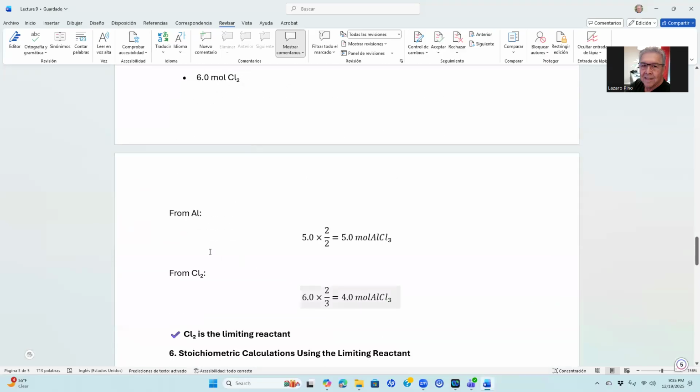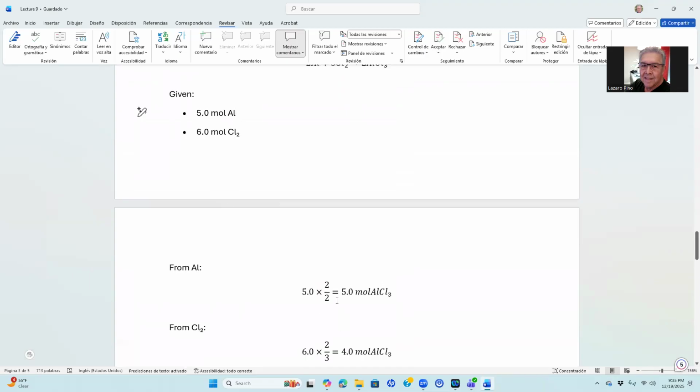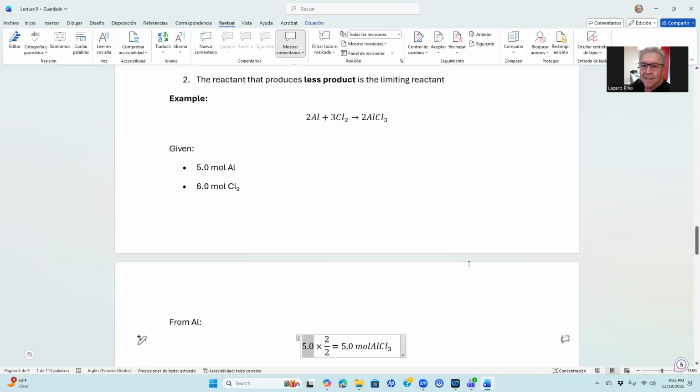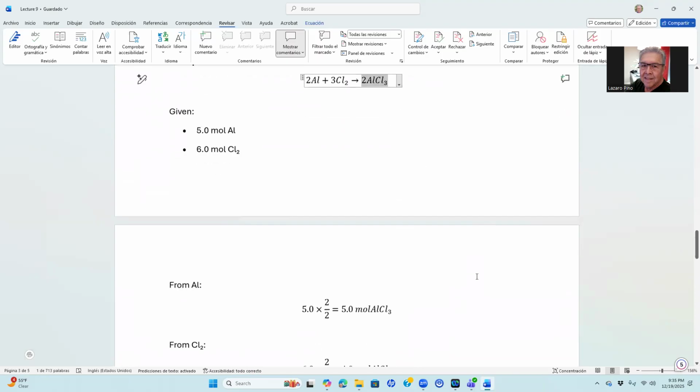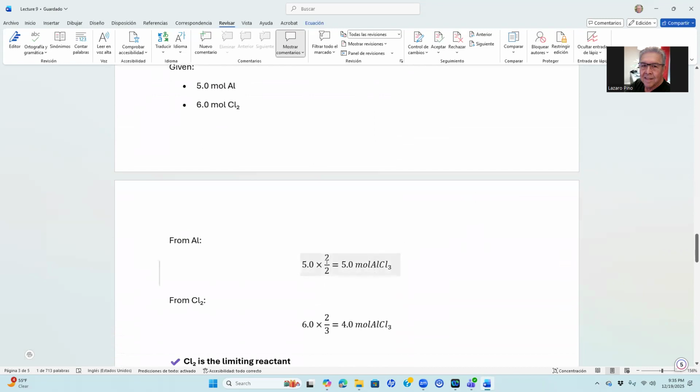Well, let's begin with the moles of aluminum, 5. According to the equation, you know that 2 moles of aluminum produce 2 moles of aluminum chloride. That's why I use this ratio.